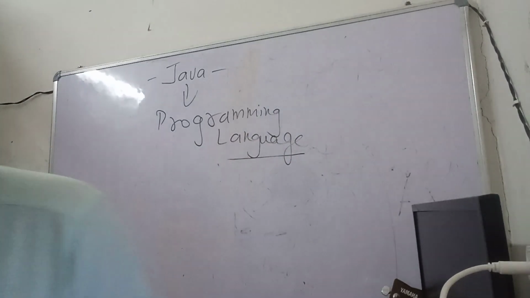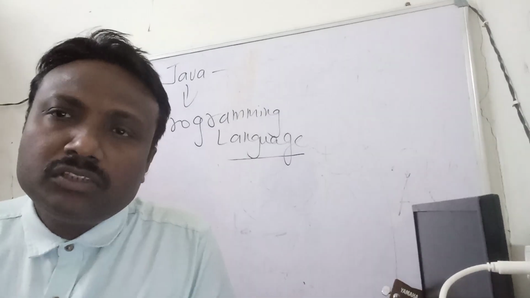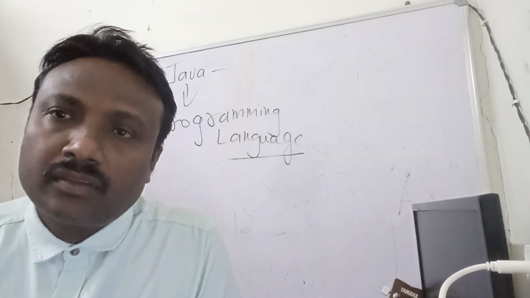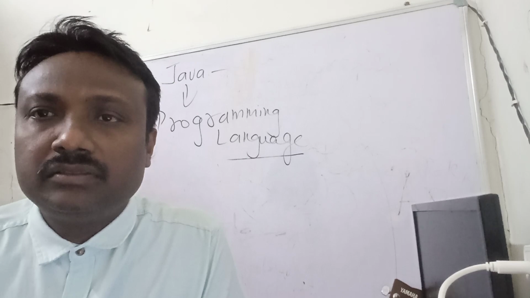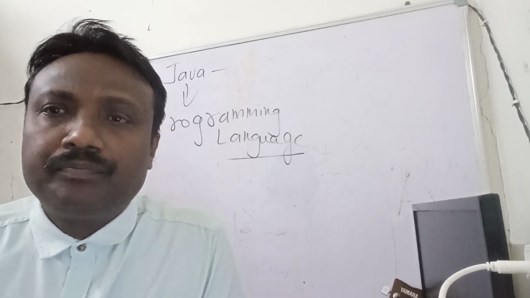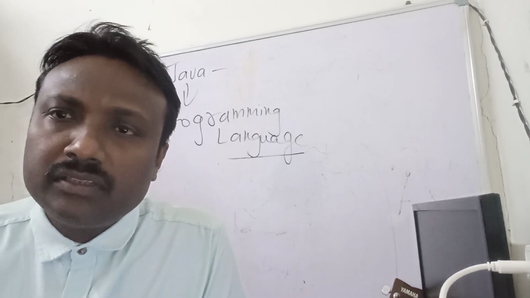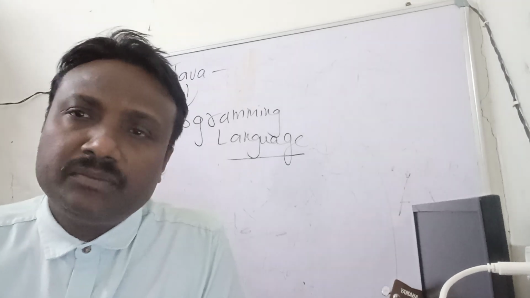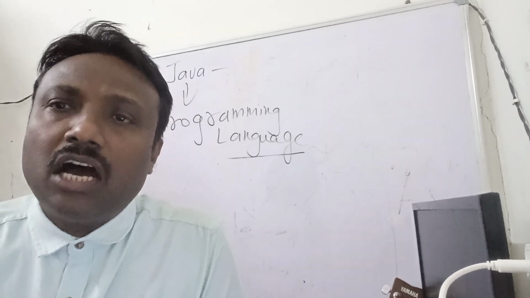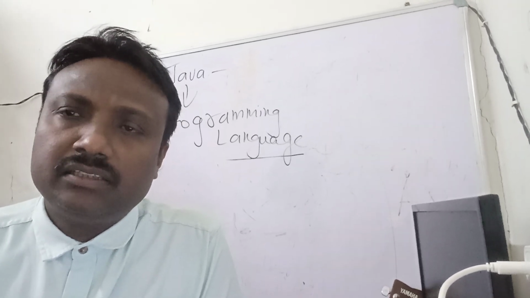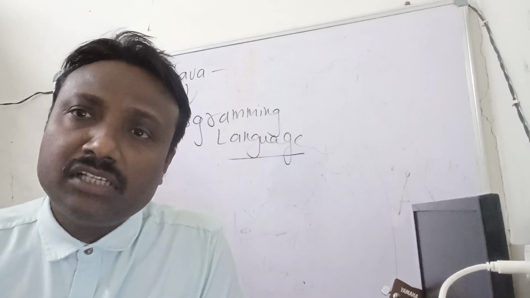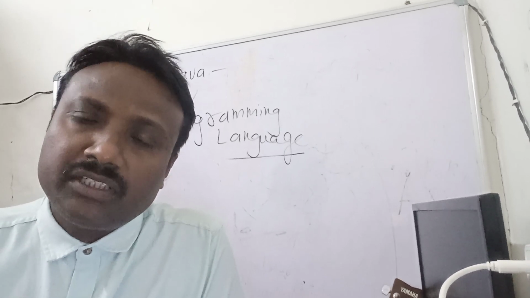A computer programming language. And what is a program? In simple words, a program is a set of instructions that tells the computer how to perform a specific task. It tells the machine how to perform a specific task.